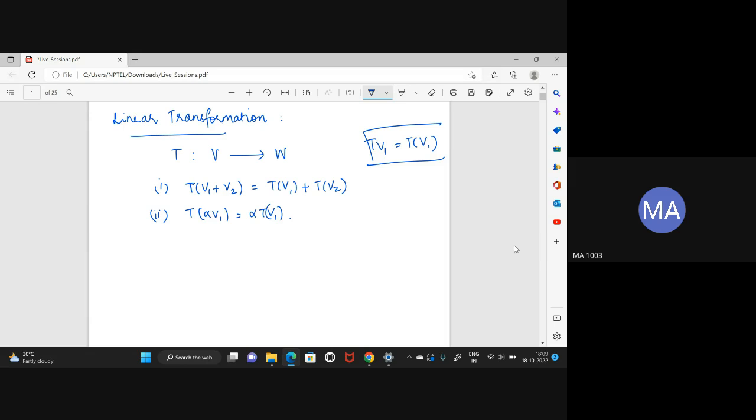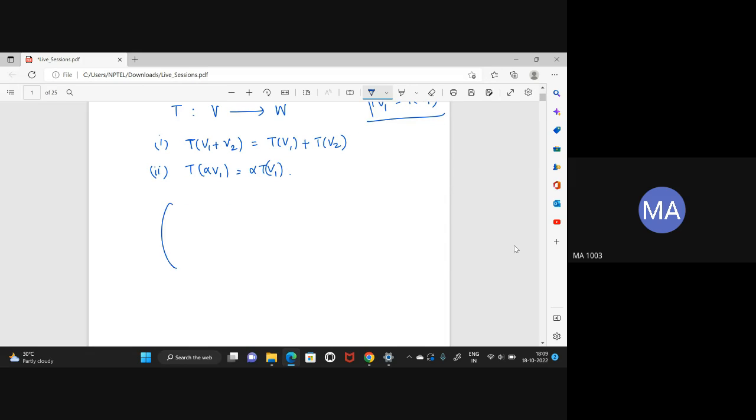So now, you have V and W, two vector spaces, and a function between them. You have V1 and V2 in the vector space. V1 gets mapped to T of V1, and V2 gets mapped to T of V2. If it's a linear transformation, what happens to T of V1 plus V2? Why should V1 plus V2 be in V?